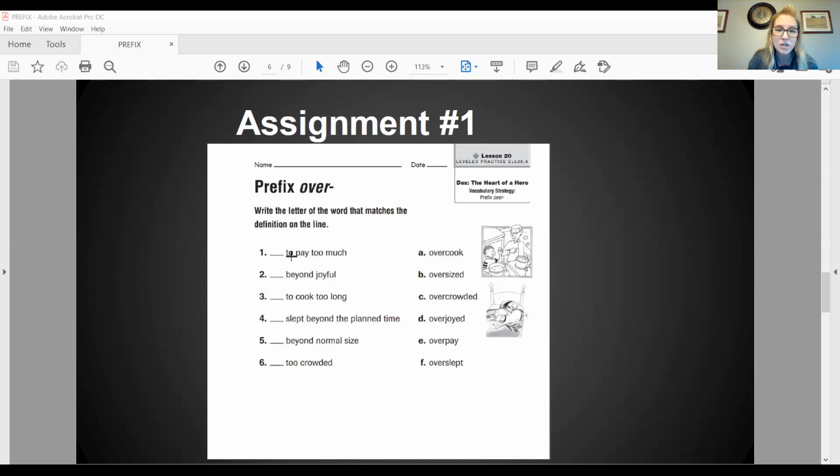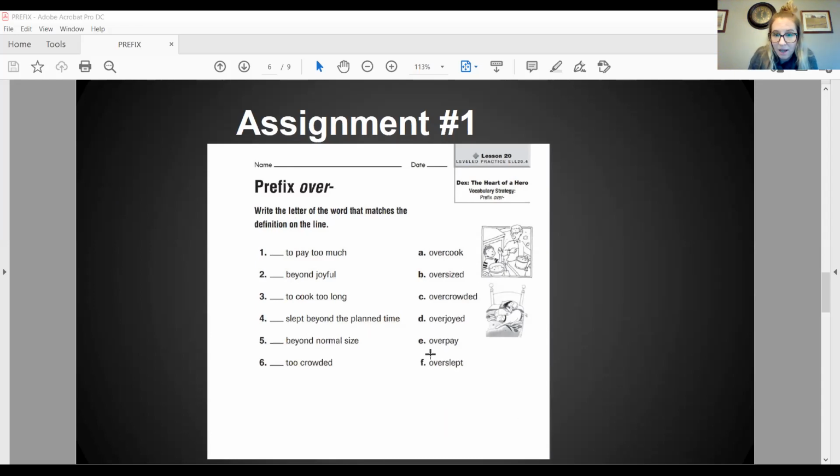The first one says, to pay too much. I want you to think to yourself, if I went to the store and bought something and I came home and showed my parents and they said, you paid too much for that, Mrs. Vasquez, what prefix of over could I use instead of saying that really big sentence? Instead of saying, you paid too much for that, they could say this word.